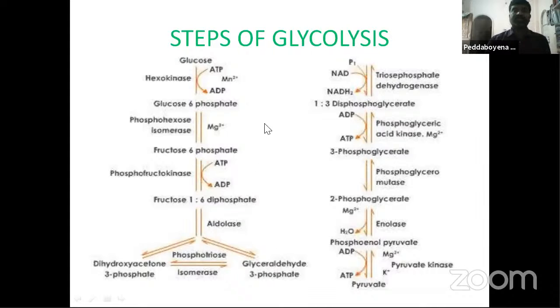It is also an investment, which means here ATP is consumed, so ATP is lost here. But here you are observing 1,3 bisphosphoglycerate and the phosphoenol pyruvate to pyruvic acid. So these two reactions are substrate level phosphorylation. Here the ATPs are formed.